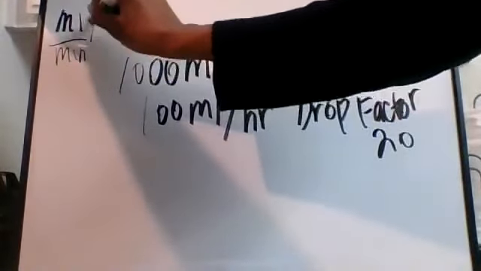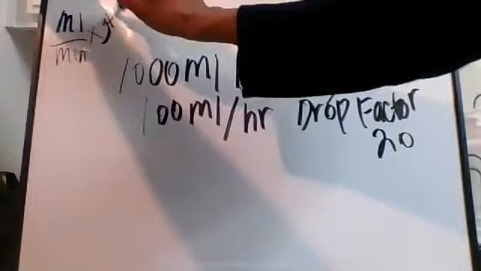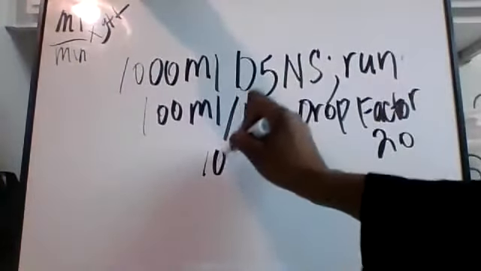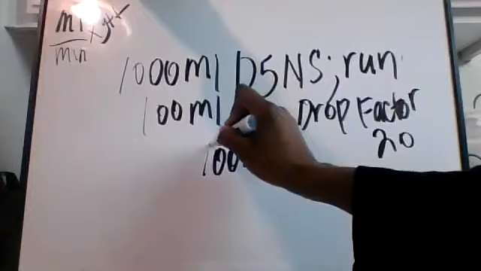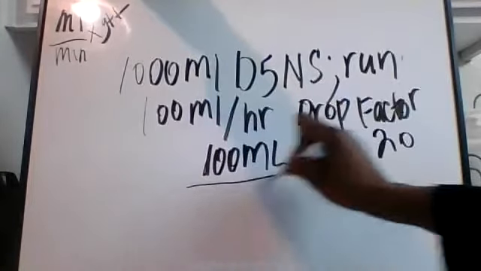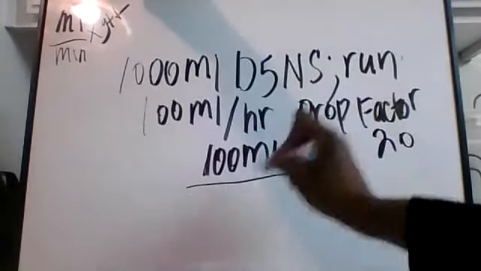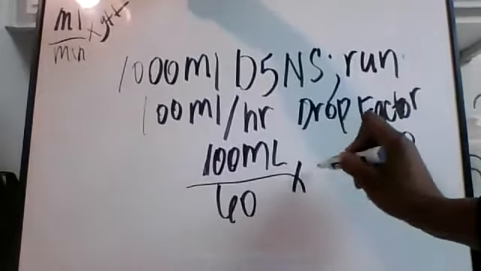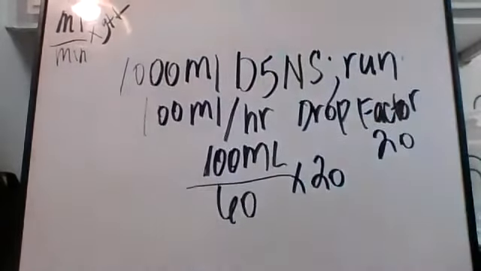So the formula again is milliliters divided by minutes times drop factor, GTT. That's the formula. So we take our 100 milliliters to be infused, divided by 60, right? 60 minutes in an hour. And our drop factor is 20.